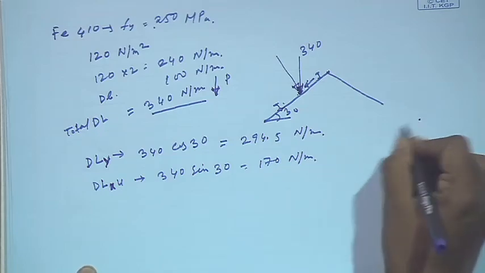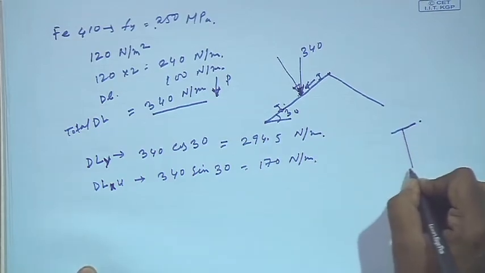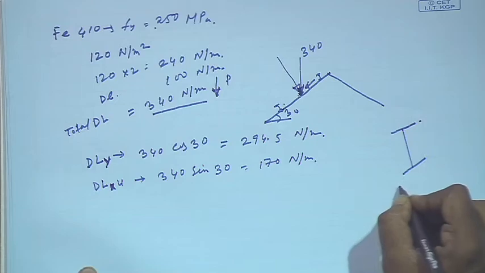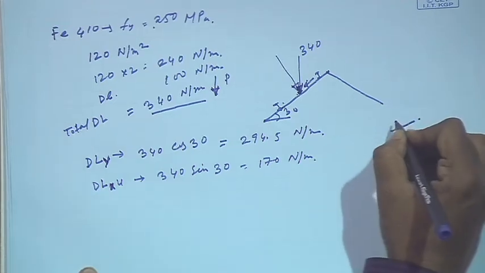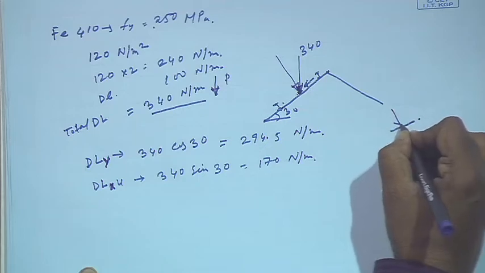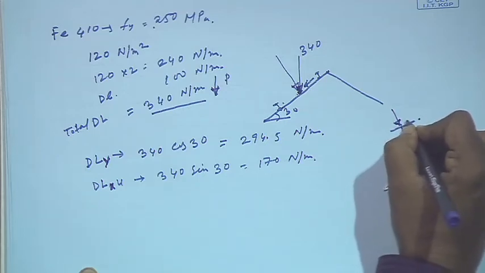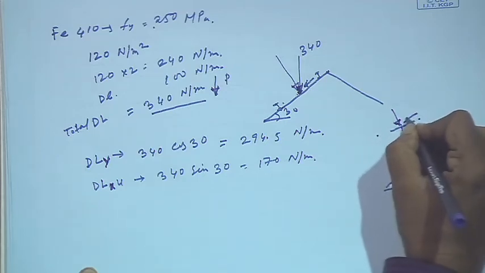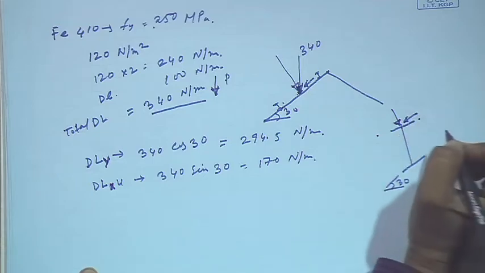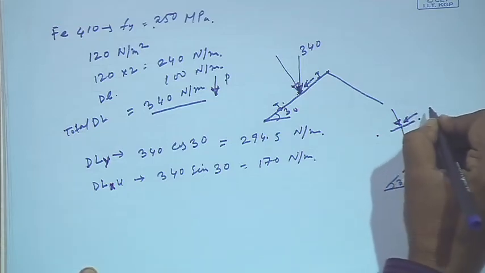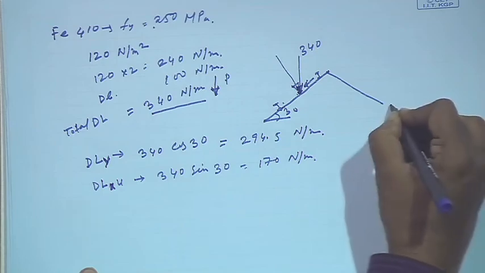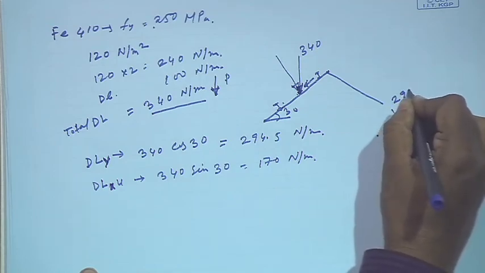So, if we have an I section placed at an angle of 30 degree, then we have a load in this direction and a load in this direction. In this direction it is 170 and in this direction it is 294.5.